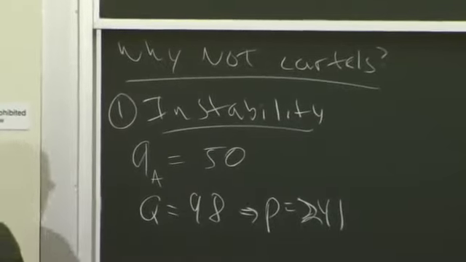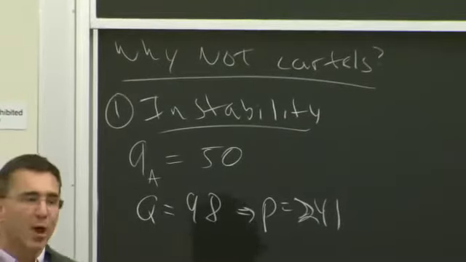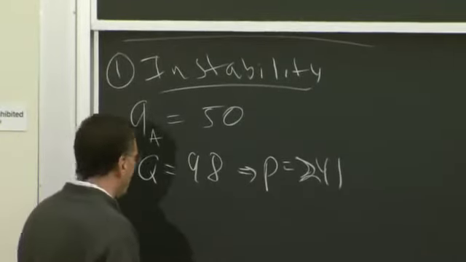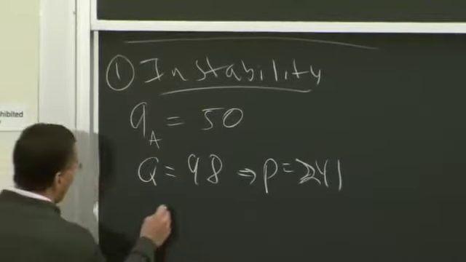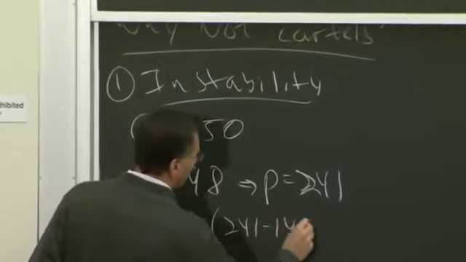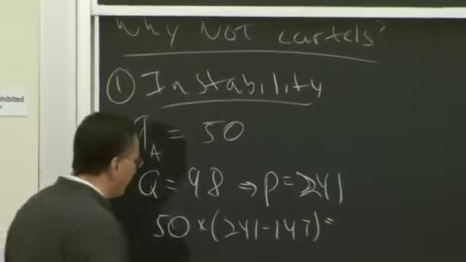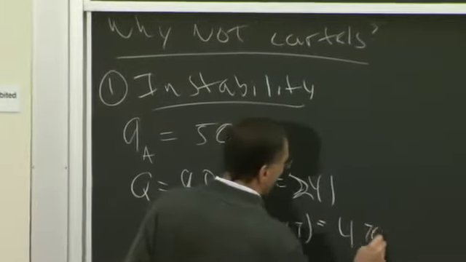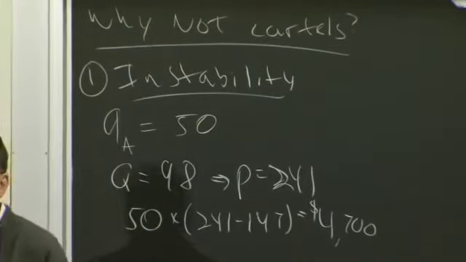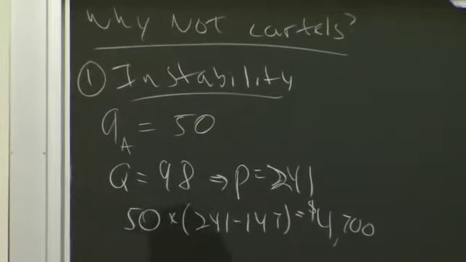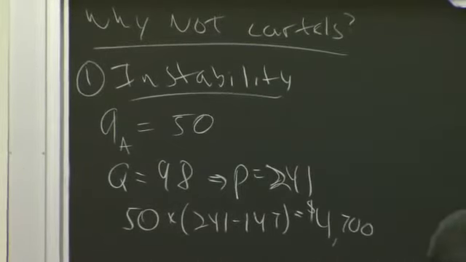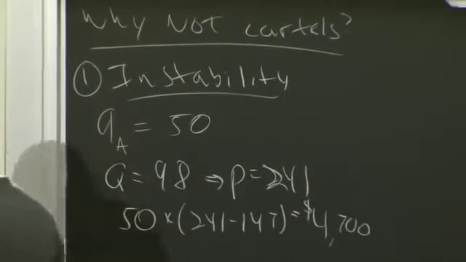You might say, gee, American just shot itself in the foot. It's just lowered the price by selling more flights. But look at what happens to American's profits. American's profits are now 50 times 241 minus 147, which equals $4,700,000, which is higher than it was making in the cartel. American just increased its profits to more than they were making when they were cartelized, splitting the profits.